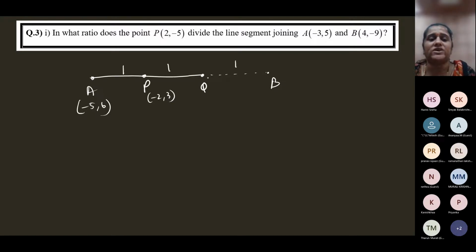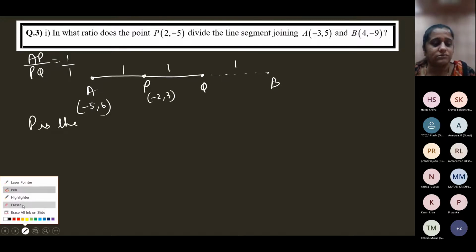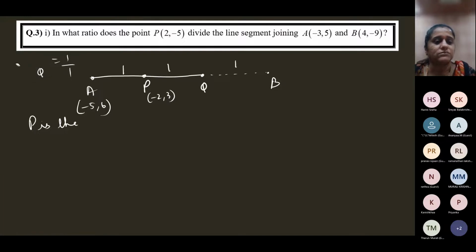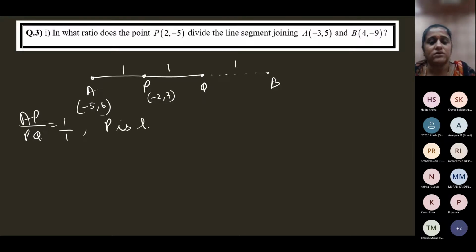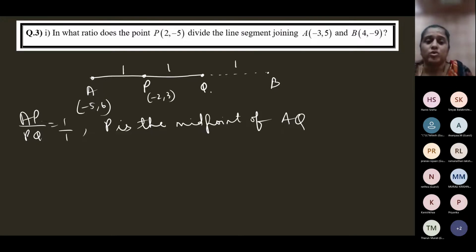So AP by PQ is equal to 1/1. Therefore, P is the midpoint of AQ.